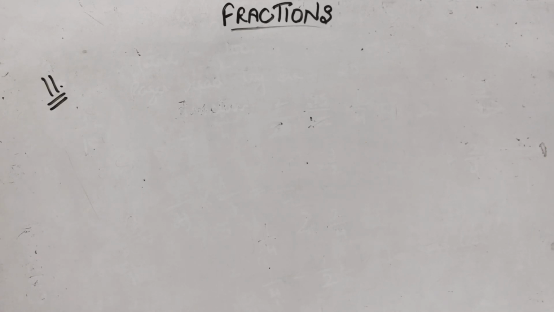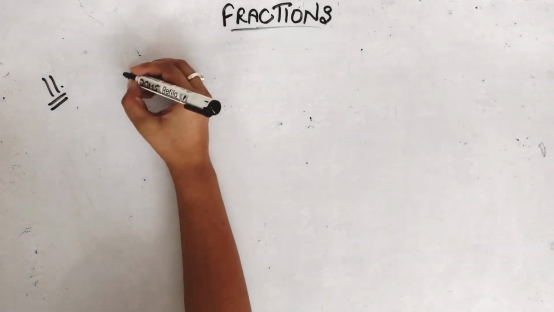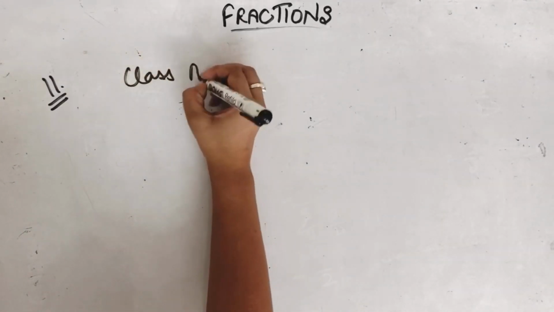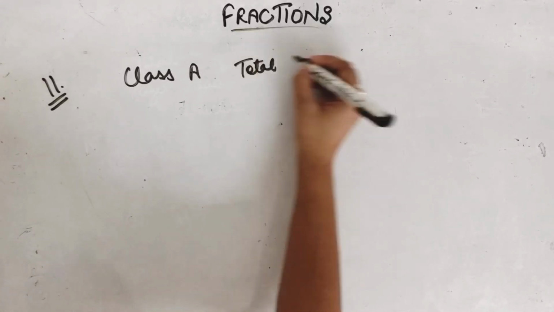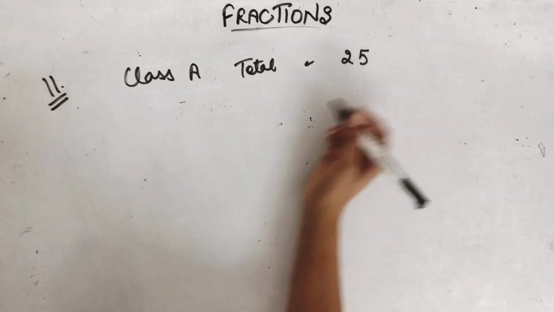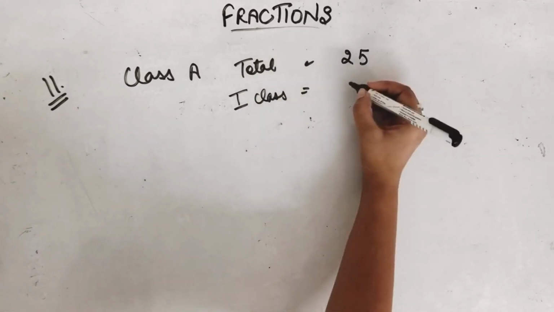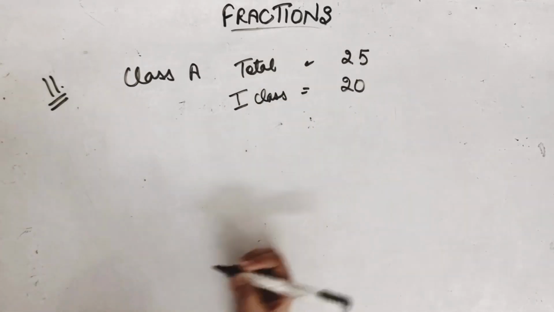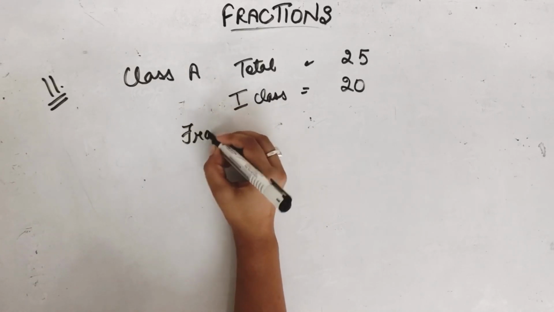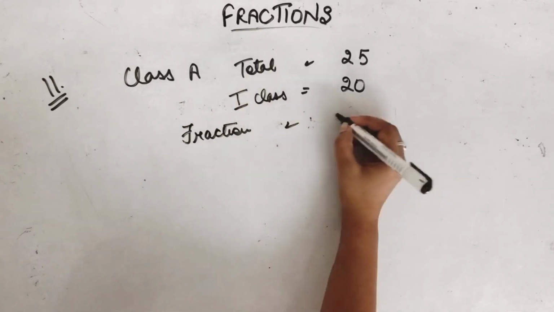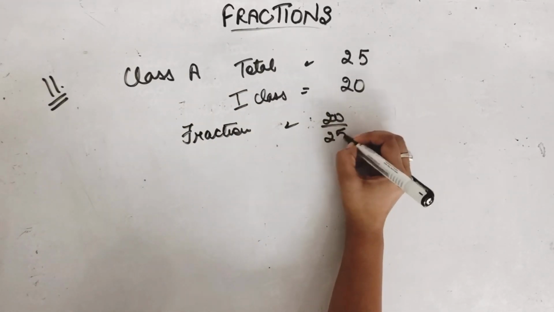Now 11th question. In a class A of 25 students, 20 passed in first class. In another class B of 30 students, 24 passed in first class. In which class were there more fraction of students getting first class? So class A, total students are 25 and students passing in first class is 20. So the fraction will be 20 upon 25.